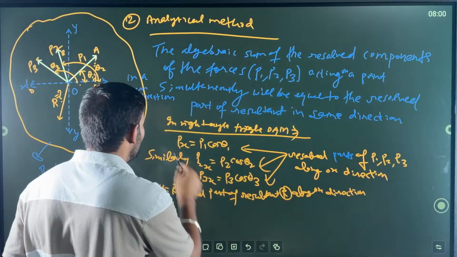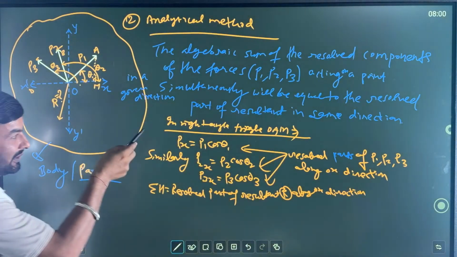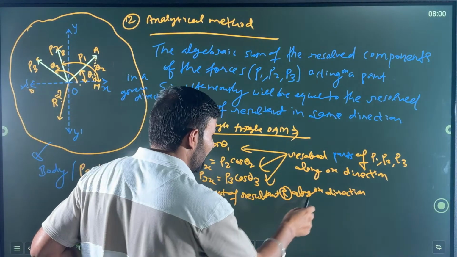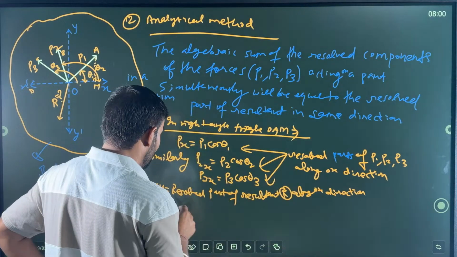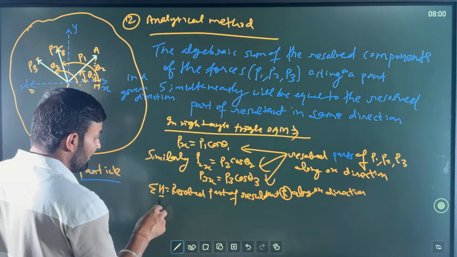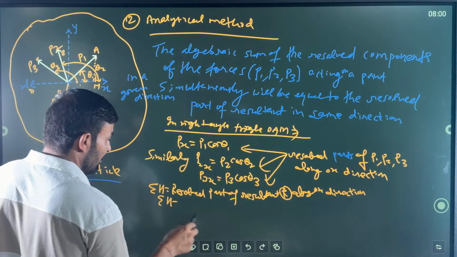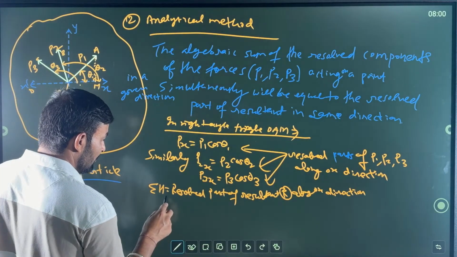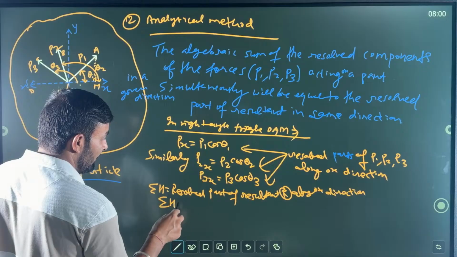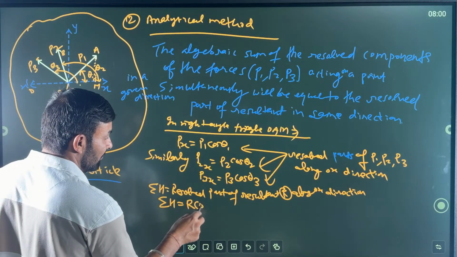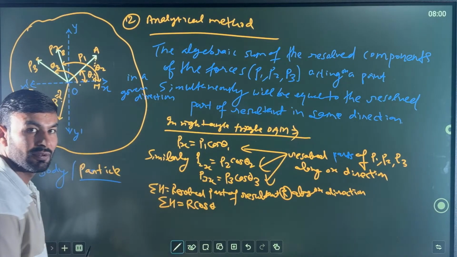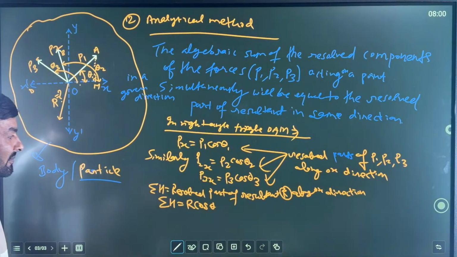So in the same direction, you need to take the resolved part of R in the OX direction. So now what will this be, my dear friends? This will be R cos theta. Be careful.